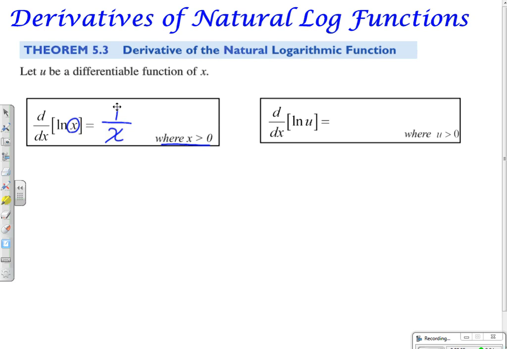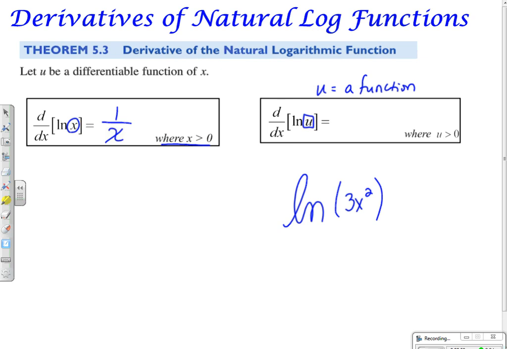Next up, what if it wasn't so clean and we had some function u in this? Give you an example. Maybe it was natural log of 3x squared. Well, we're going to have to invoke the chain rule on this. So pretend or assume that u is a function. And how would I deal with that?